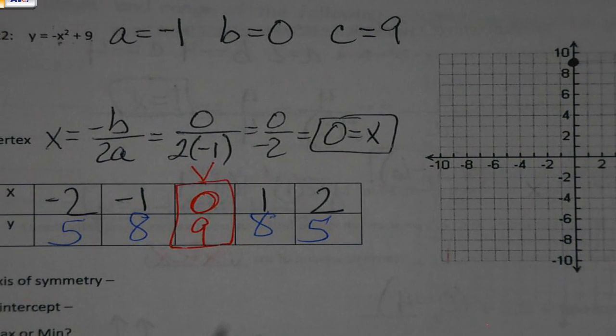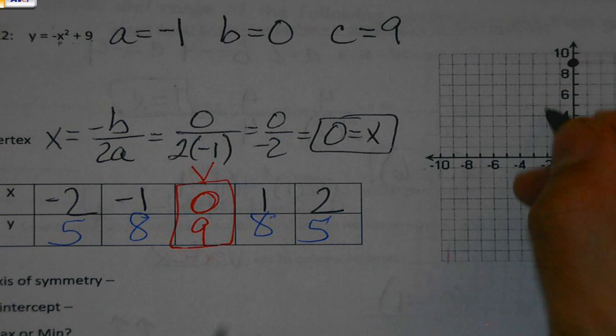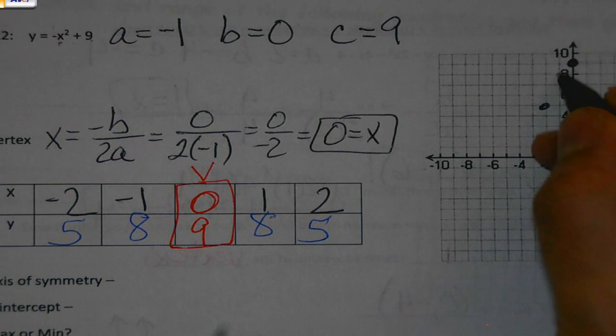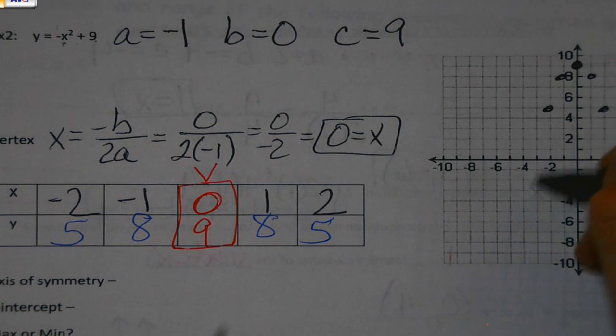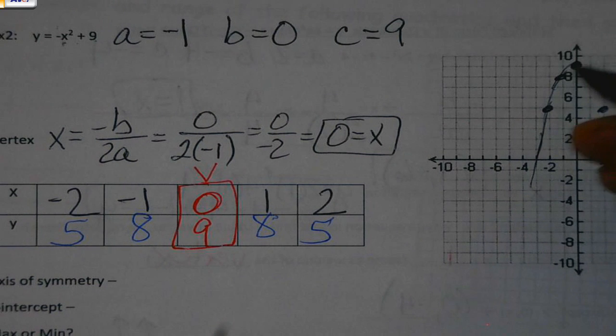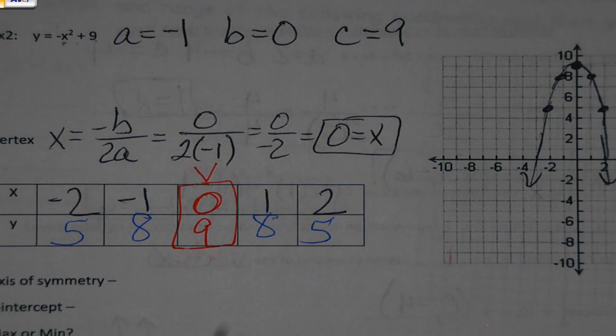So once I have those, get my parabola made. And now, once I have that in my table and all my other information, I can start working through the rest of the information that I'm looking for.